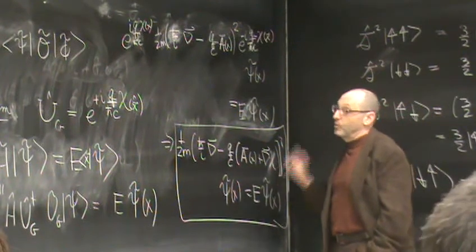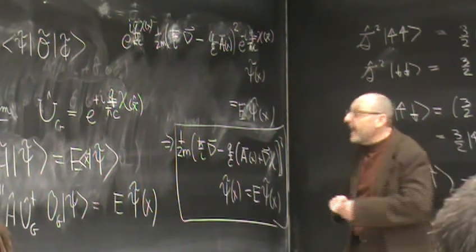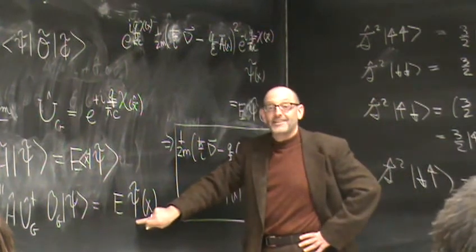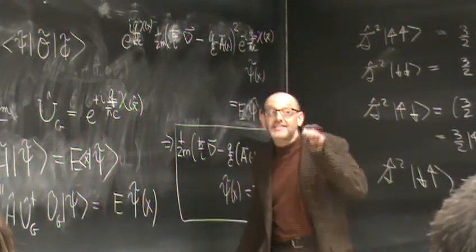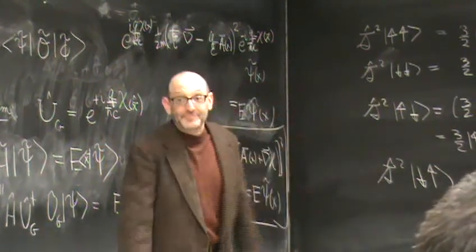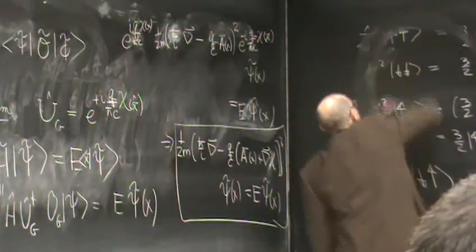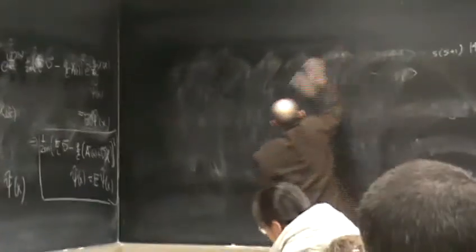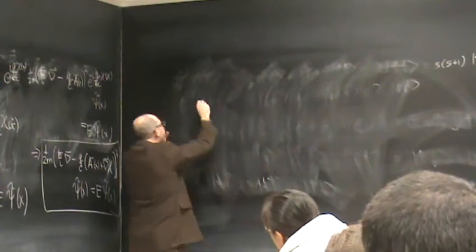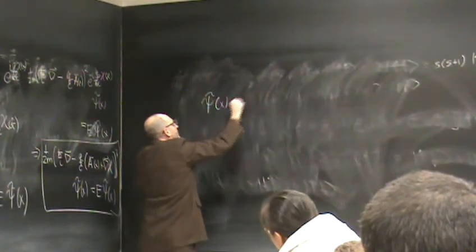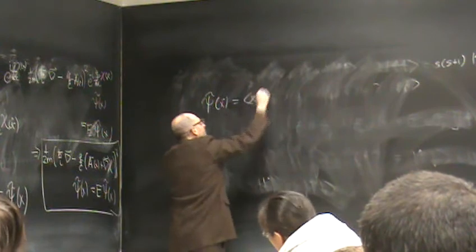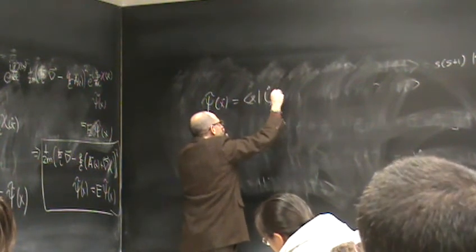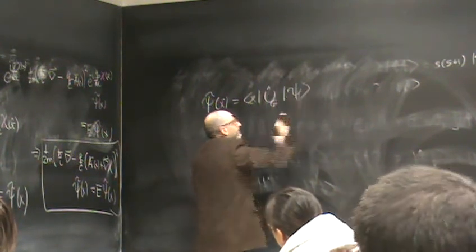But I want to conclude with one important point here. And that is, what happened to psi tilde? What is psi tilde? Because that's actually the most important point. Well, psi tilde of x was just the x representation of the unitarily transformed psi.